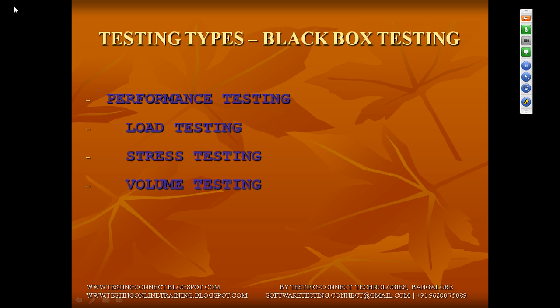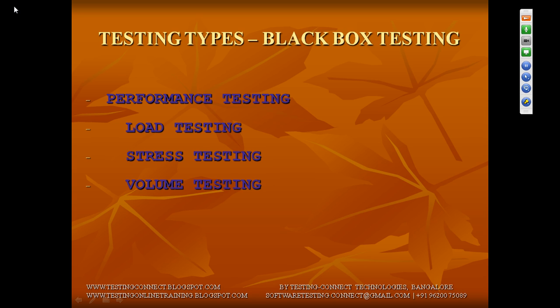At that time, even the client himself cannot expect how many more users are going to access his application. So at that time, the major intention is that your application should not get crashed, right? So that is nothing but like stress testing.